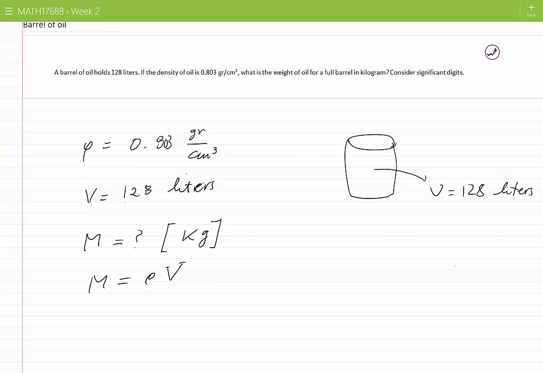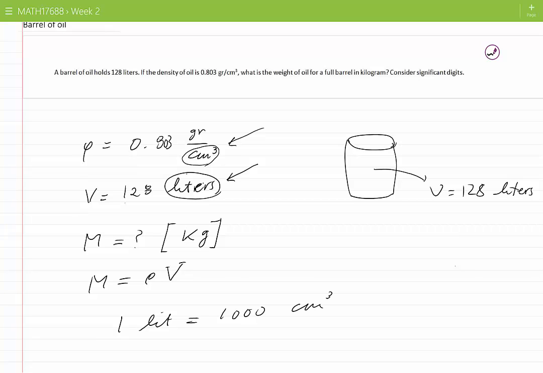So to begin with, for the units of volume we have centimeters cubed, as you can see here, and liters, as you can see here. We would convert all the units of volume into centimeters cubed, a consistent system of units. We note that 1 liter is equal to 1000 centimeters cubed.